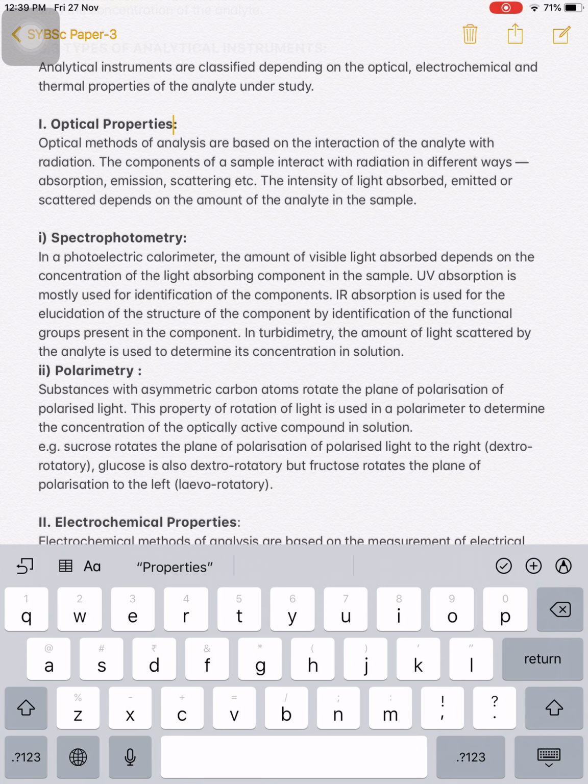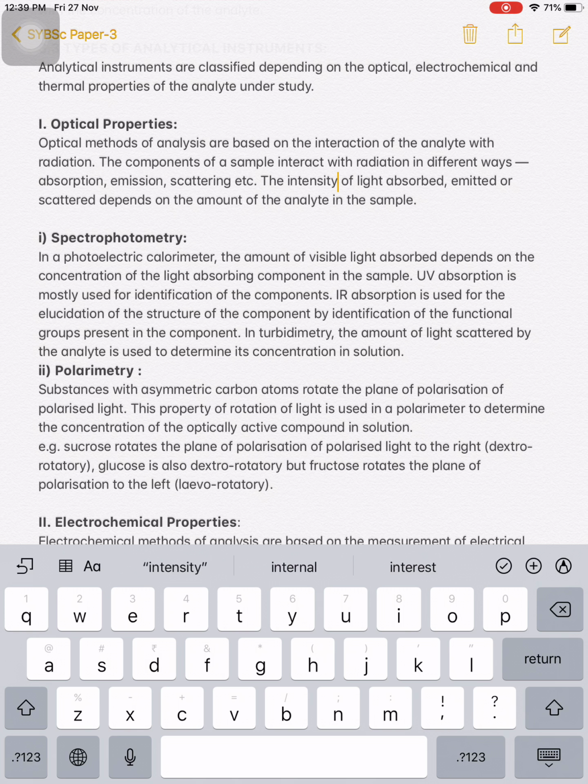The components of a sample interact with radiation in different ways. Suppose some component absorbs the radiation, or emits the radiation, or there is scattering of light. So depending upon the interaction of that light with that component, these instruments are again differentiated.